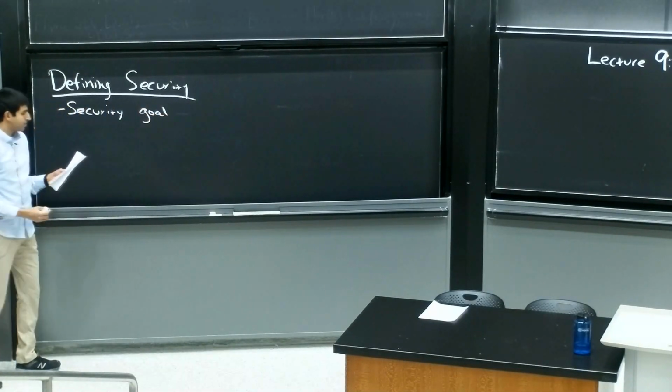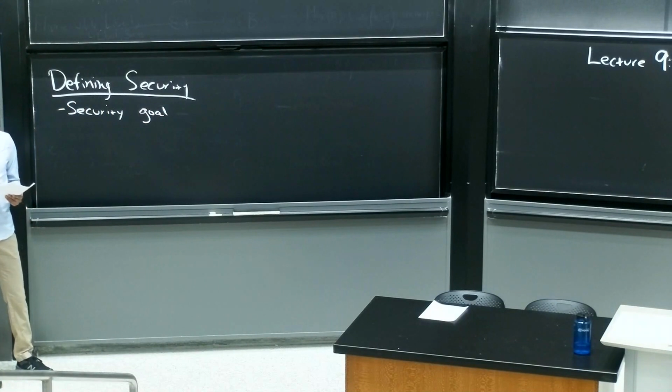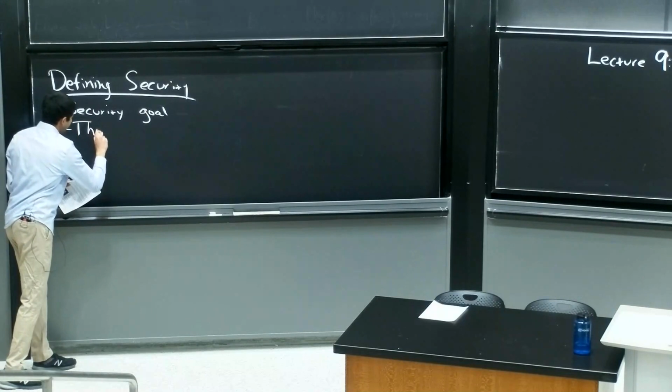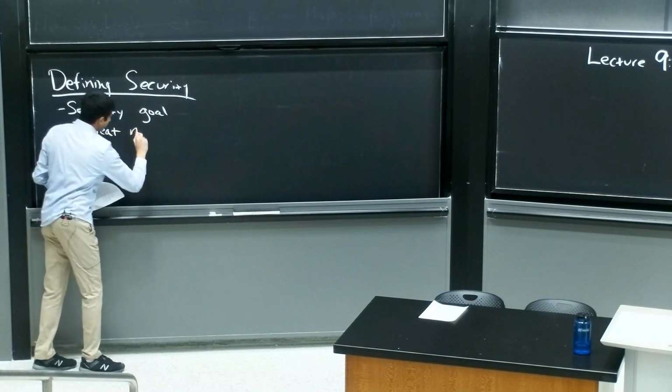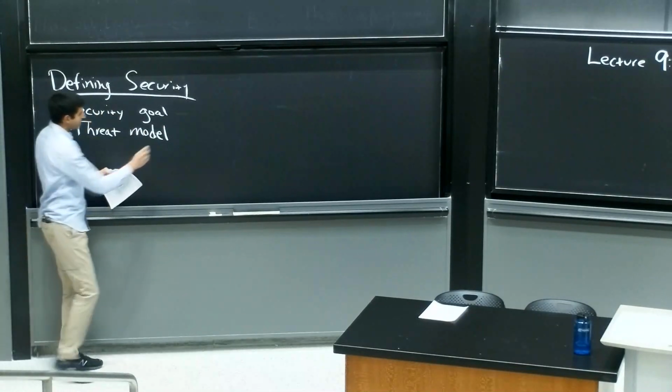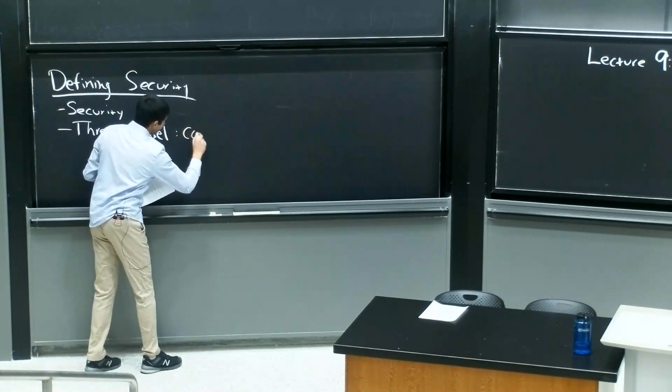So we have some system, and there's some idea of what should and shouldn't happen with the system. And another piece of this is something called a threat model. What this threat model does is it constrains an adversary.